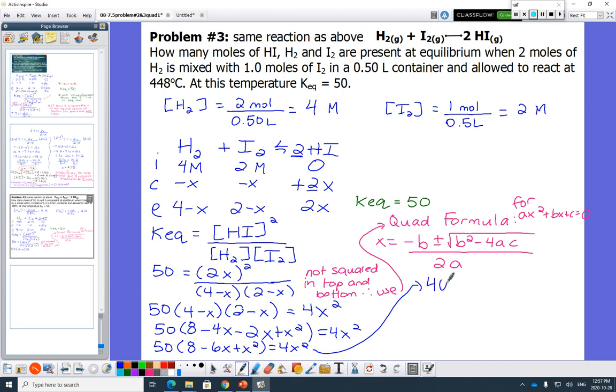So 50 times 8 is 400. 50 times 6 is 300. 50 times x squared is 50x squared. And so when you do the quadratic formula, it should be equal to 0. So we have to bring that 4x over.